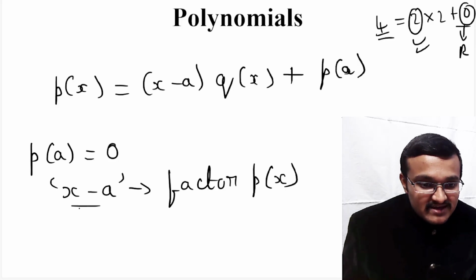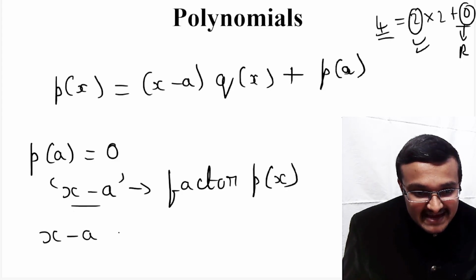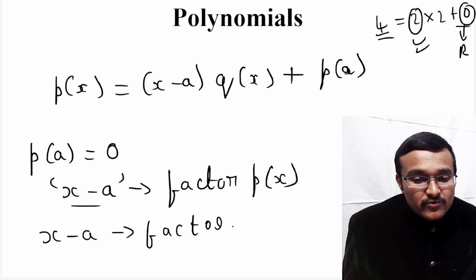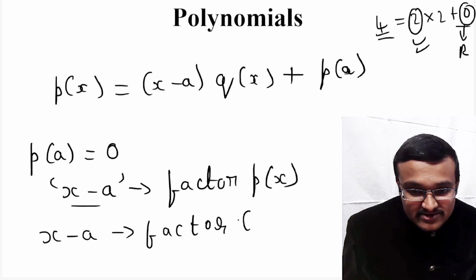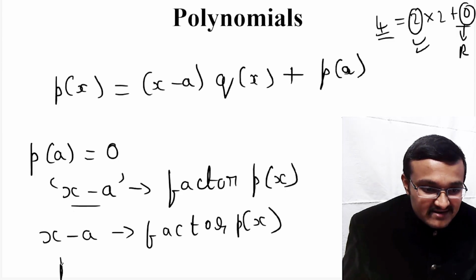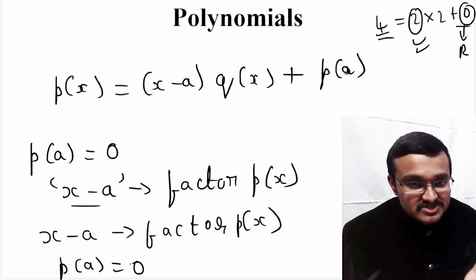So that's why whenever you have x minus a as the factor of p of x, vice versa is also true. Whenever you have x minus a as the factor of a particular polynomial p of x, then remainder becomes 0. That is p of a is equal to 0.